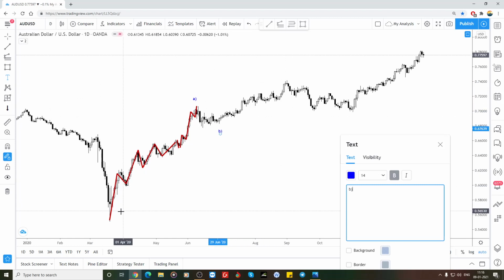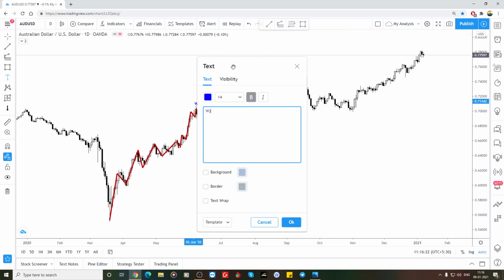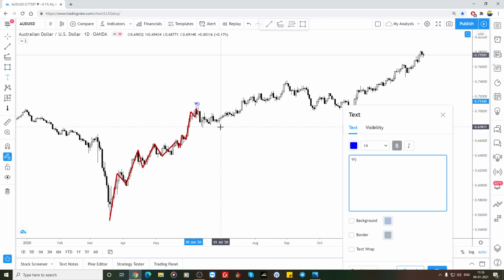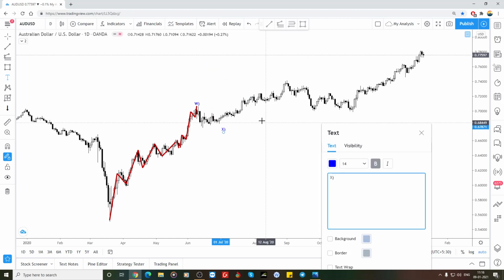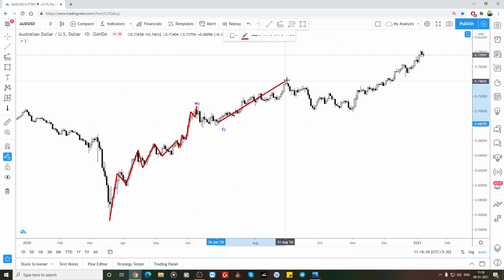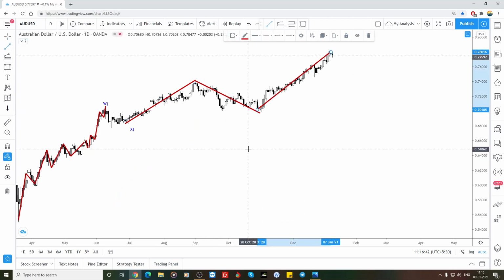But see, sometimes in A, B, C, we have to make this as a, because this is a continuation, right? So if it is a flat correction only, we need to mark it as A. Here we need to mark it differently, because this is a continuation trend, so W, and this is the X as a triangle, and this is a 5-wave structure as A. This is the B in a three-wave structure, and again we are in the C, the five-wave structure.